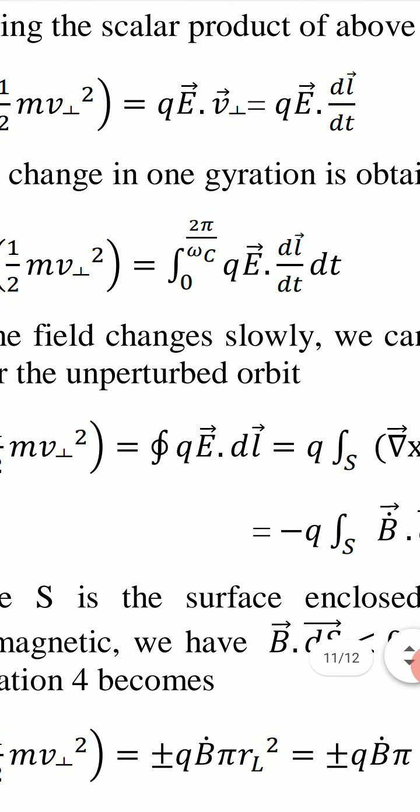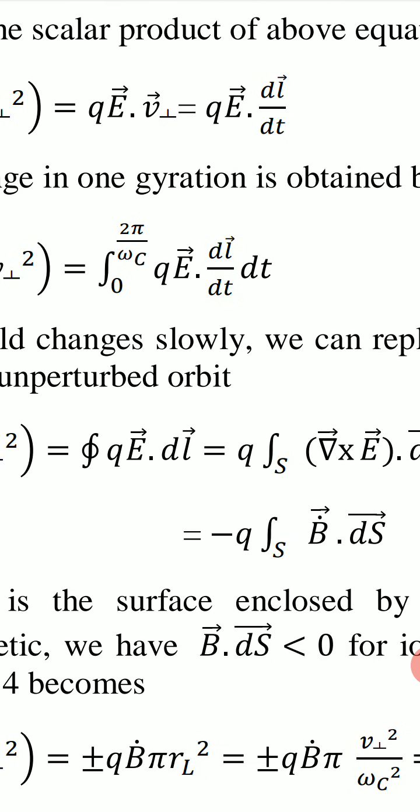And in the right hand side we are integrating with respect to time t for one time period. So limits of integration are 0 to capital T. Capital T is the time period, and that is equal to 2 pi upon omega, and omega is omega c, the cyclotron frequency.